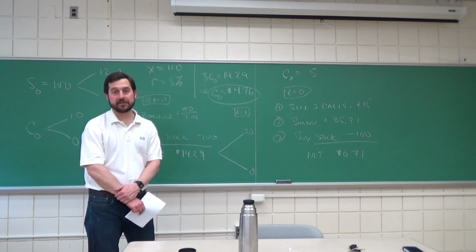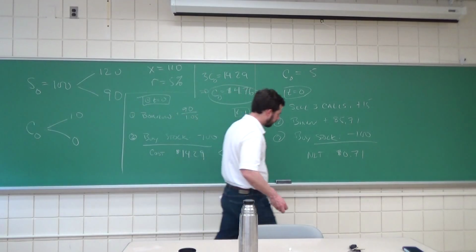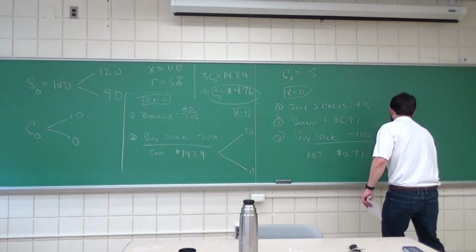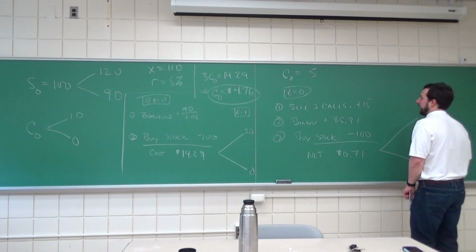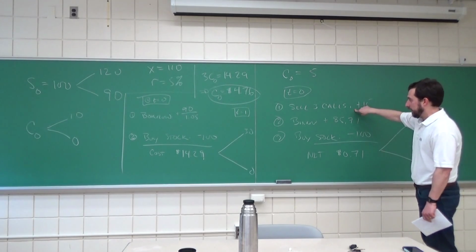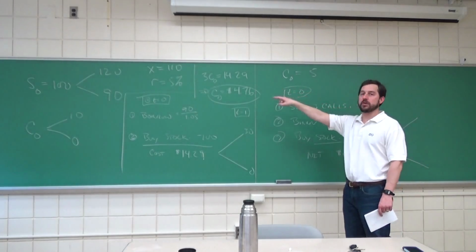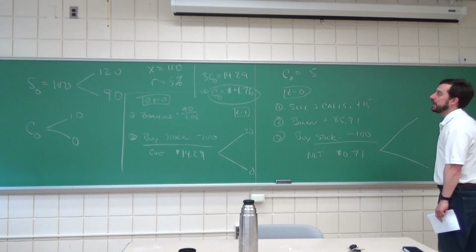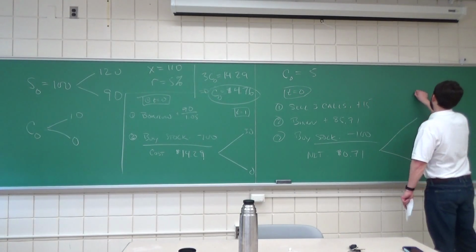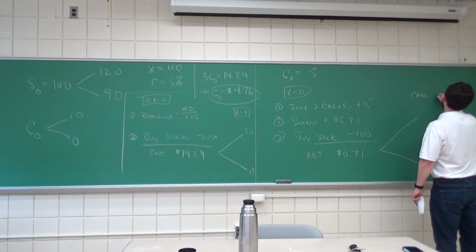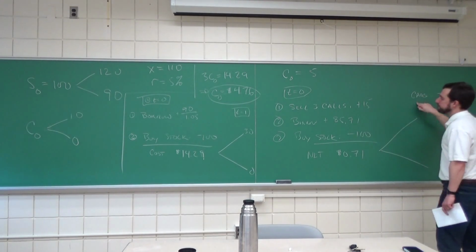Now the question is what happens at time 1. So that's our cash flow at time 0. At time 1, if we sold these 3 calls, each call is going to be worth 120 minus 110, so $10. So we owe 30. So on the calls, we have a cash outflow of 30.